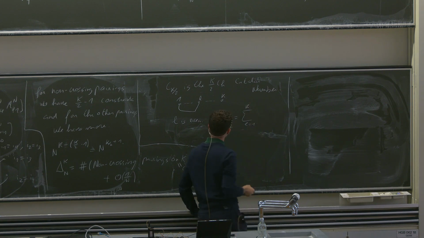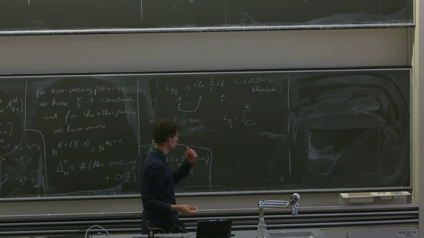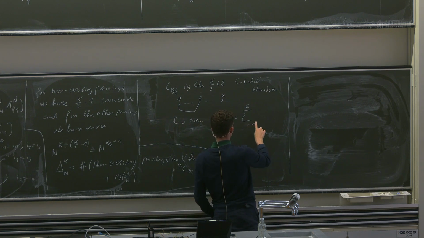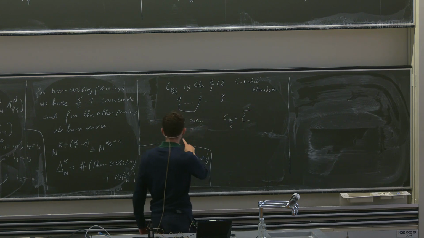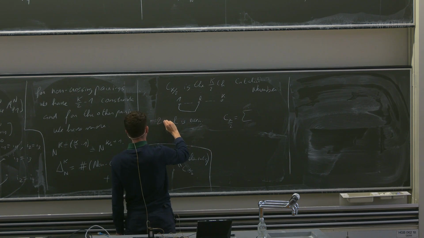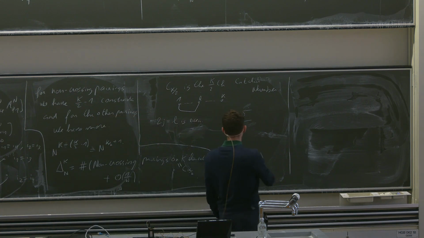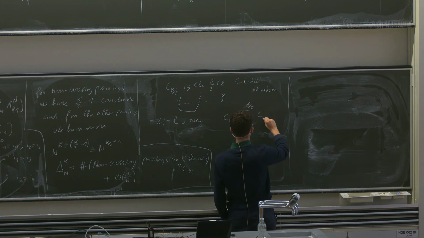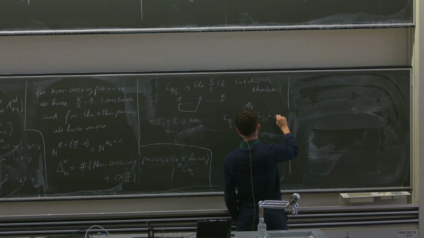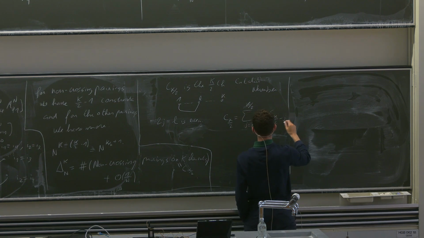I think the best way to write it is L equals 2j. Then this is the sum from j equals 1 to k divided by 2 of c j minus 1 times c k divided by 2 minus j.